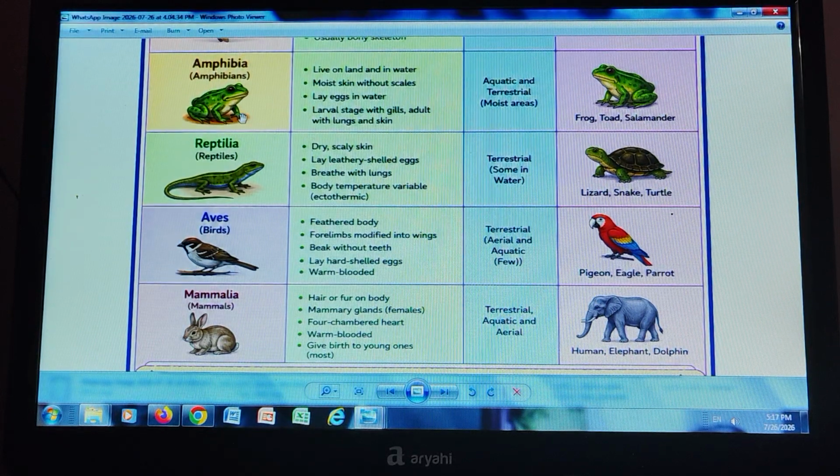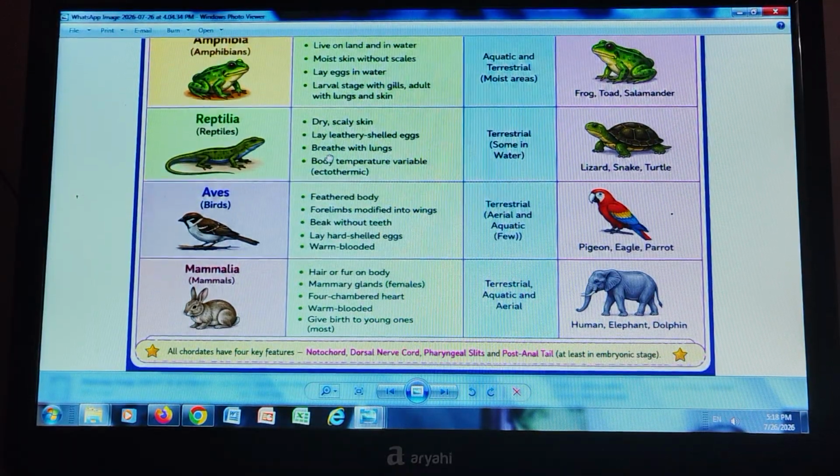Reptiles, here they don't have moist skin, they have dry scaly skin. Lizards, crocodiles, right? They are the egg layers, or oviparous animals. They lay shelled eggs. They breathe with lungs because they are mostly terrestrial.